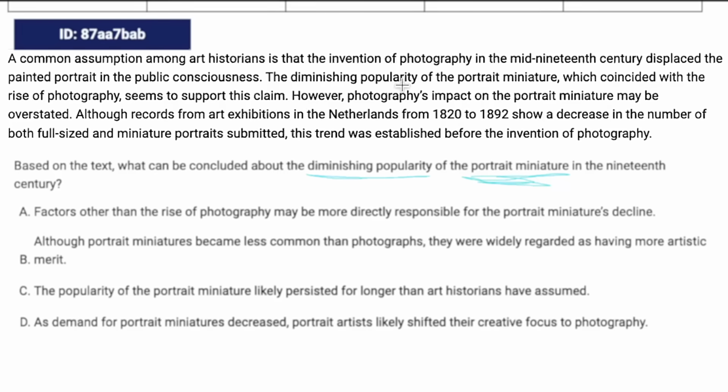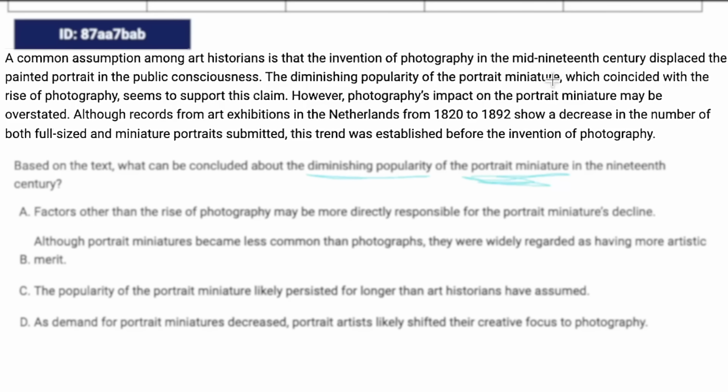So I'm going to read that. Diminishing popularity of the portrait miniature, which coincided with the rise of photography, seems to support this claim. Okay, so what is this claim? First sentence: assumption among historians is that the invention of photography displaced the portrait miniature.